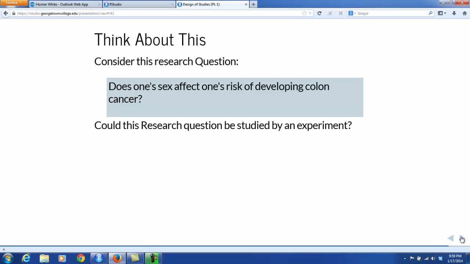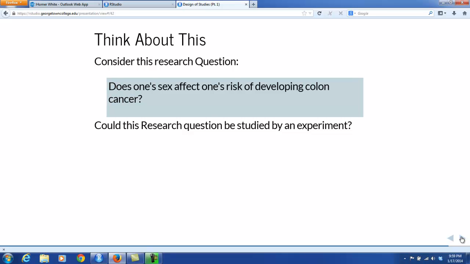One variable is sex, male or female, and the other is colon cancer, whether you have it or don't. And the explanatory variable in this case appears to be sex. So we ask ourselves, can researchers assign the values of sex to subjects in a study? And the answer is probably not.